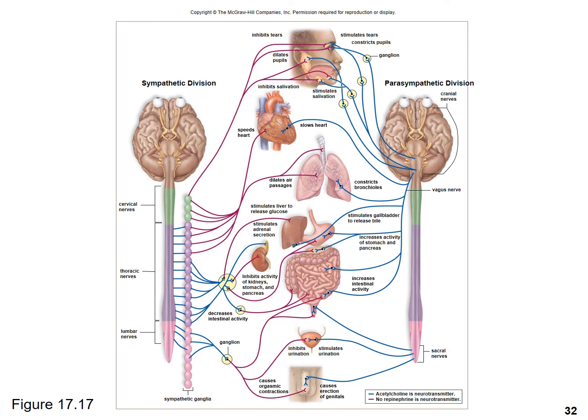So the next thing that I want you to take a look at is the lungs. The sympathetic division dilates air passages, and the parasympathetic will constrict bronchioles.